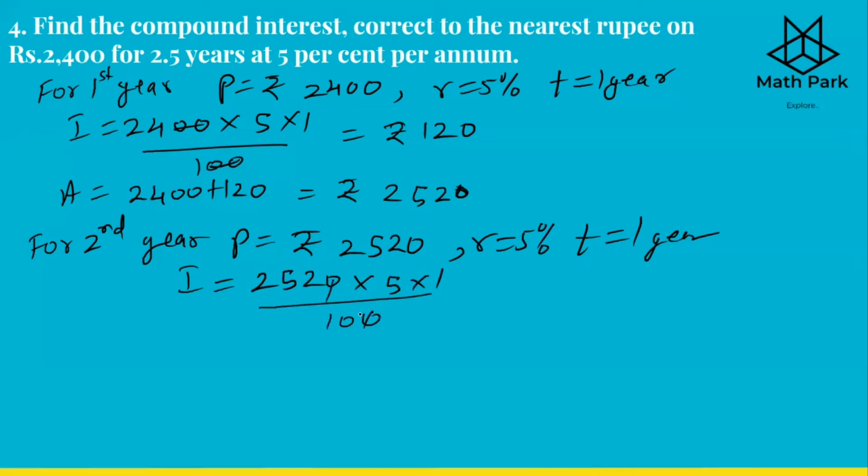You have 5 ones are 5 and 5 twos are 10, and dividing by 2, we get 2 ones are 2, 2 twos are 4, 2 sixes are 12, 126. We got rupees 126 as the interest. So the amount is equal to 2,520 plus 126, which we get as 2,646. This is the amount.